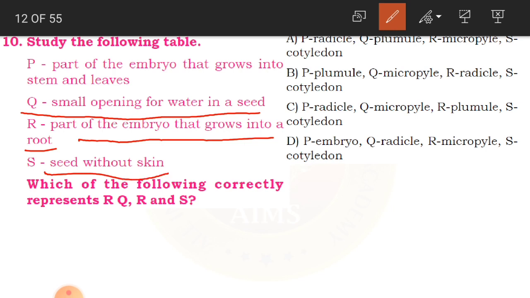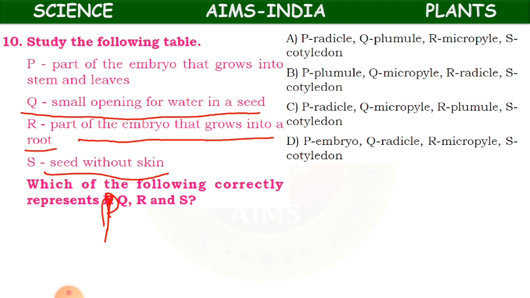Which of the following correctly represents P, Q, R and S? Now what we have to do is name that particular part. So here, P in the A option.